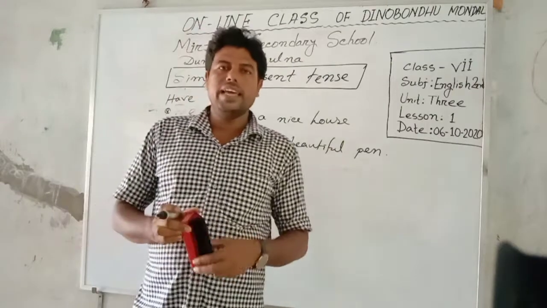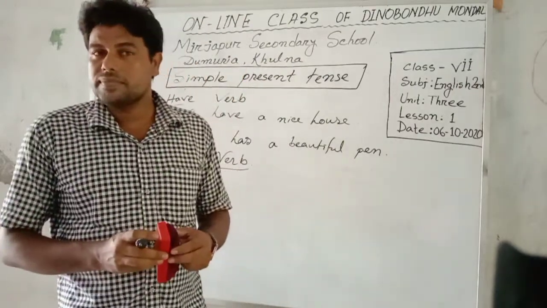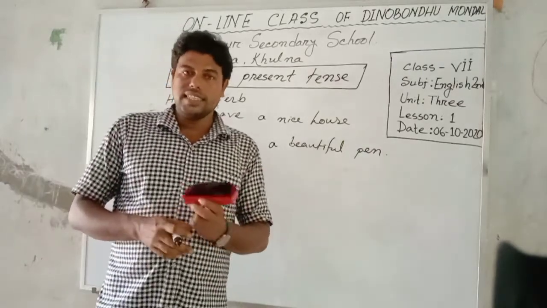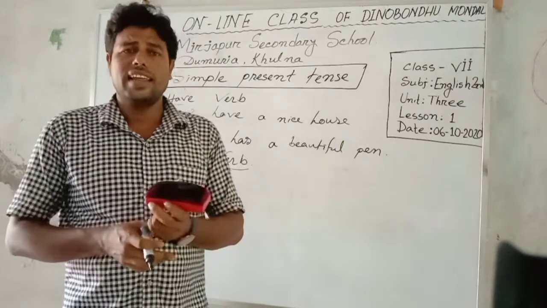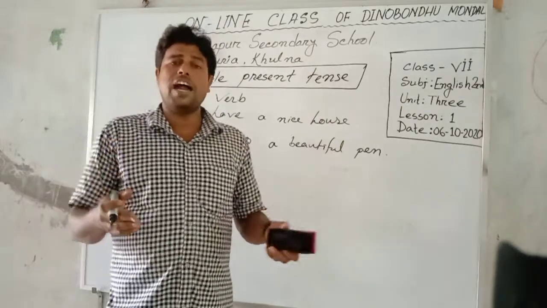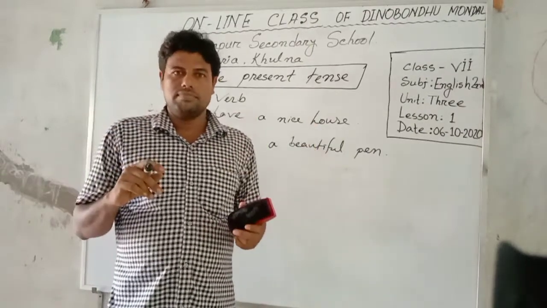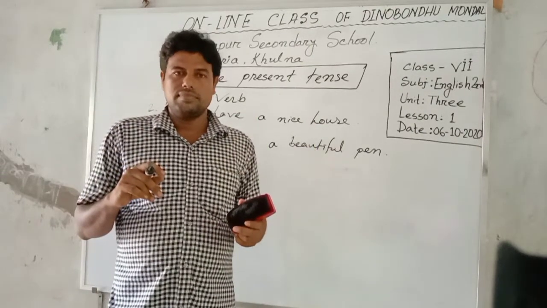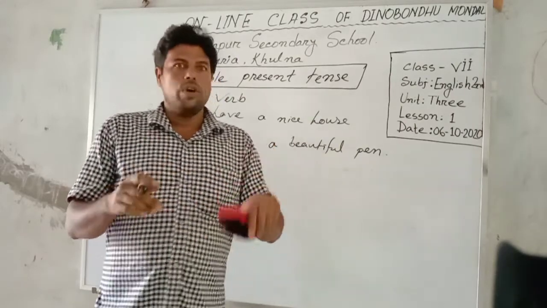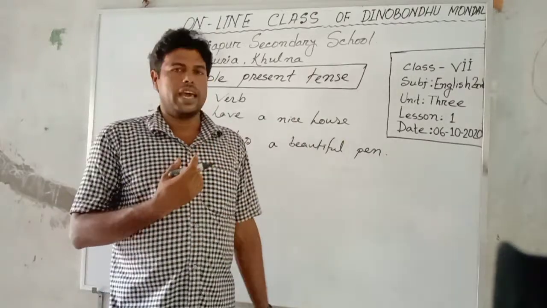Can you tell me some action verbs? I think you can, because it's very easy. You are using these verbs a lot. Don't you use them? When you tell someone, hey friend, come here, come.